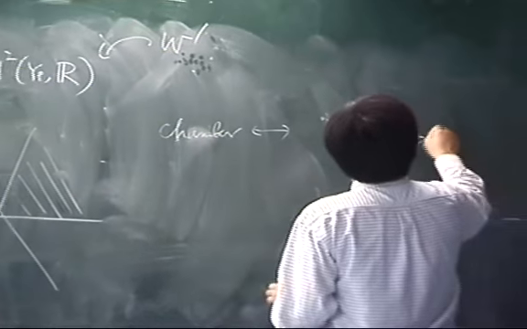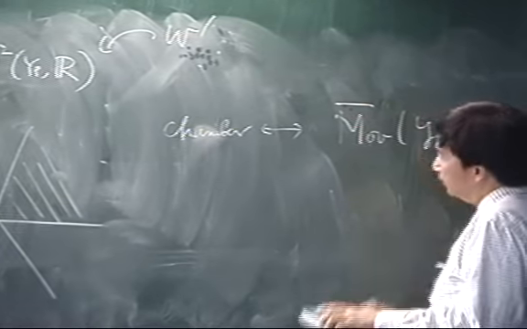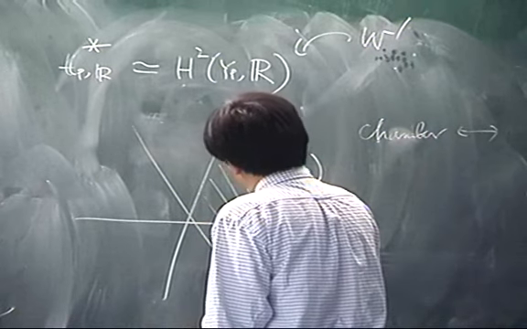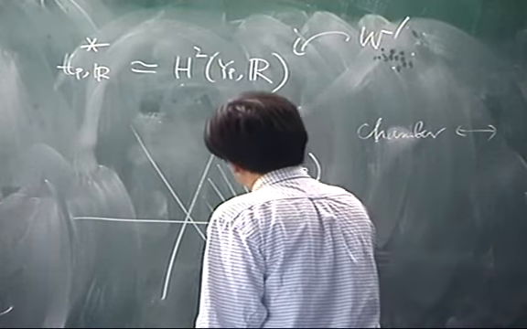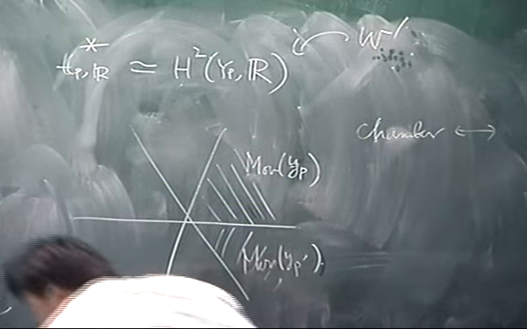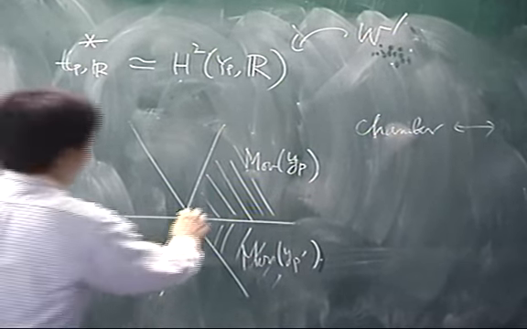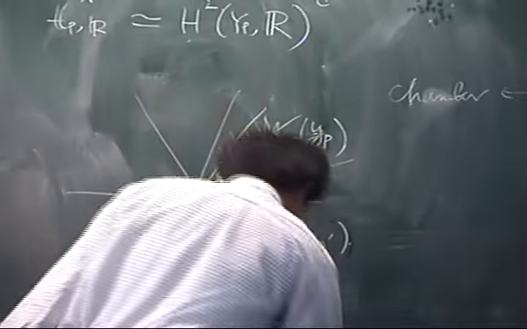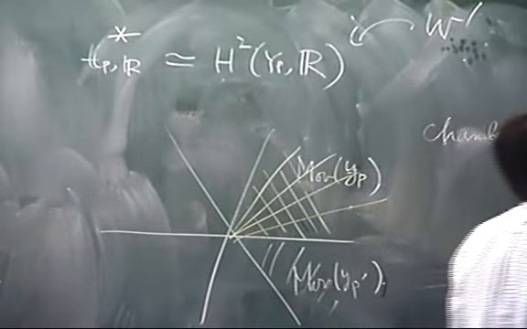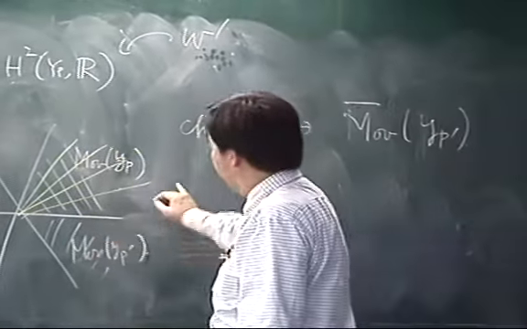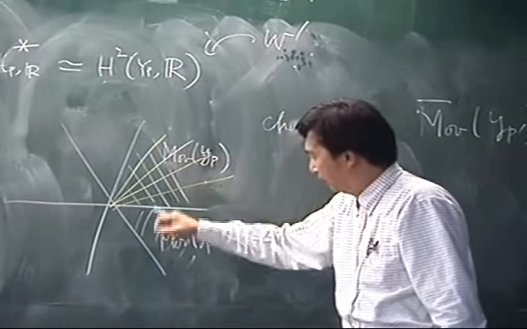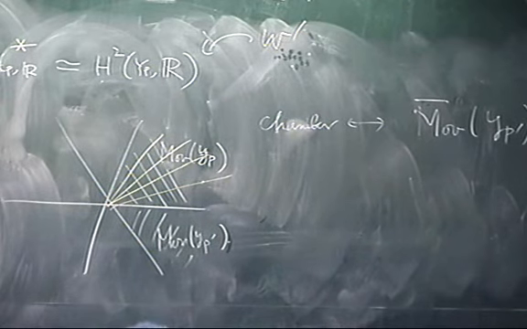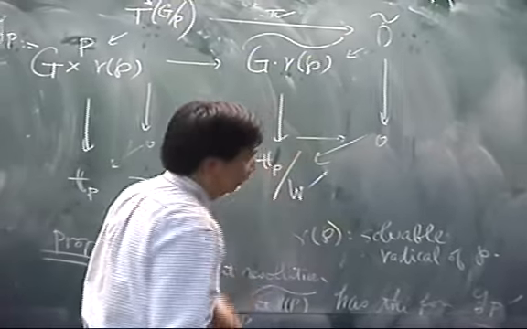So each chamber is a movable cone, and the movable cone is decomposed into some ample cones of different resolutions. Such a picture is enough to prove the universality of this family.